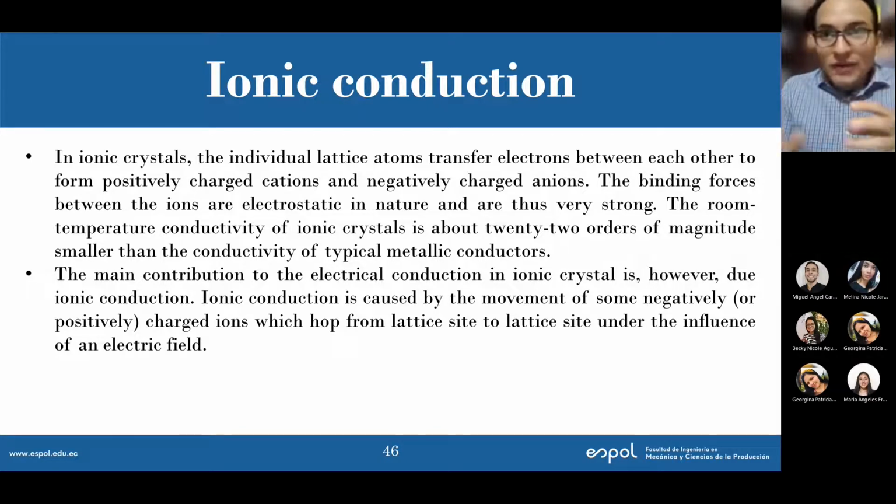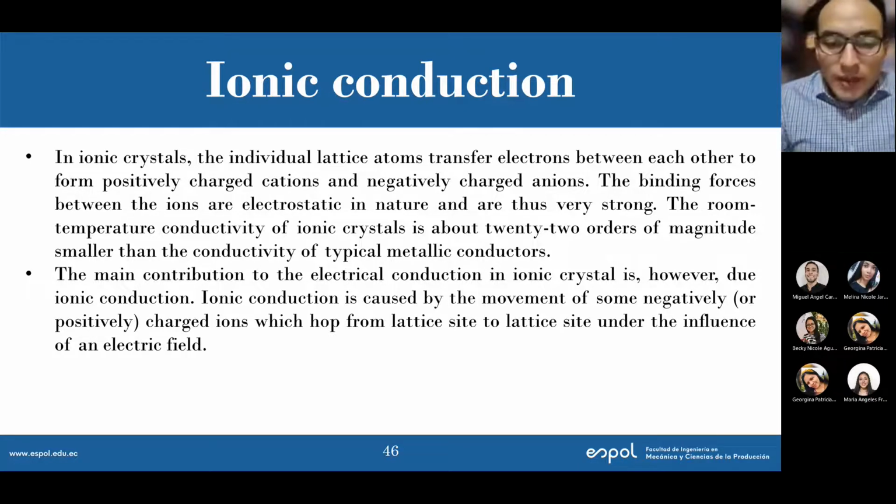It's not the same effectiveness as having electrons moving and therefore having perfect electric conduction, but it's the same principle. Ions hop from one lattice site to another under the influence of an electric field and jump back and forth. There is a small thing to mention there, and I'm going to do it in the next slide.